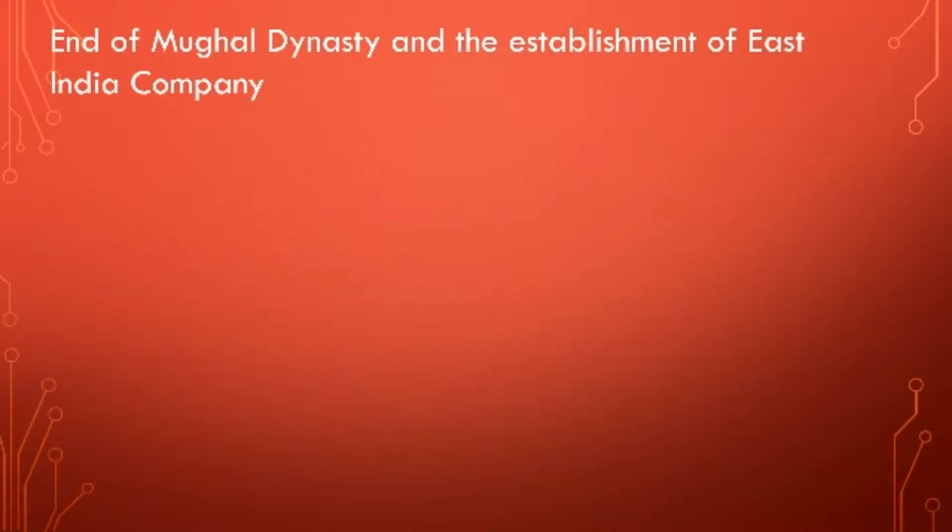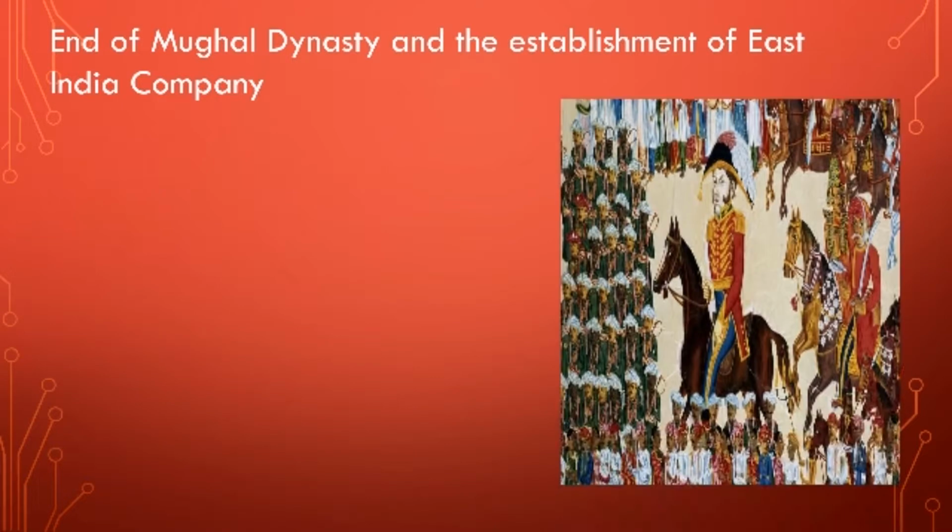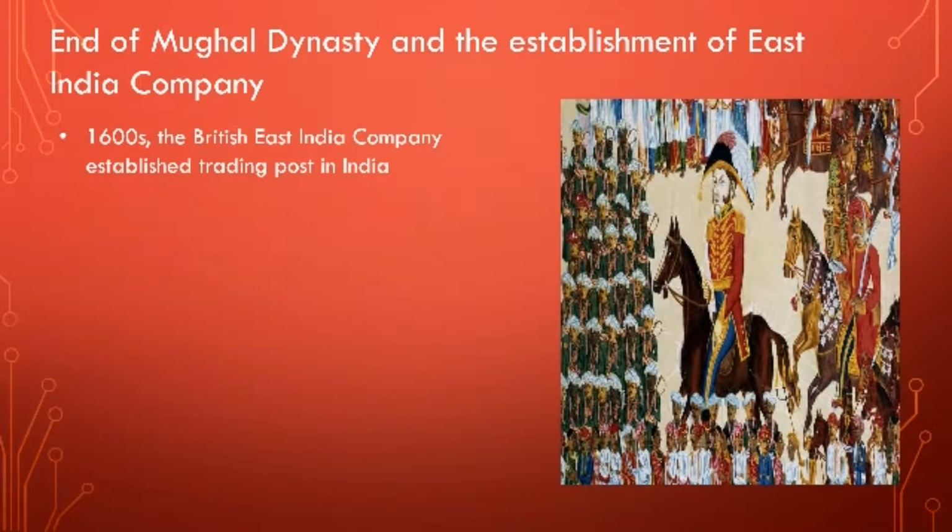End of the Mughal dynasty and the establishment of the East India Company. As I told you, the weakness of the Mughal dynasty caused the rule of the British in India. So let's discuss how it happened. In 1600, the British East India Company established a trading post in India.